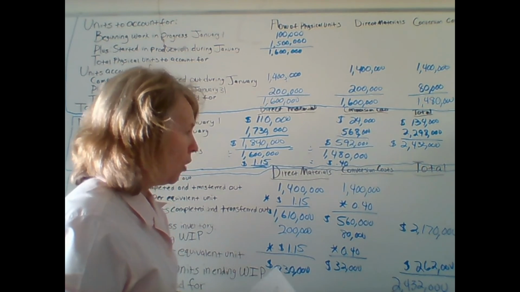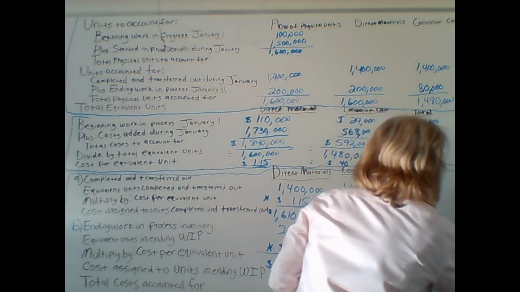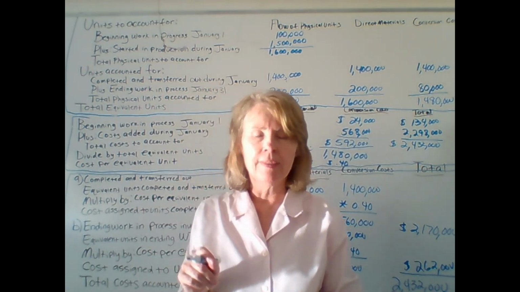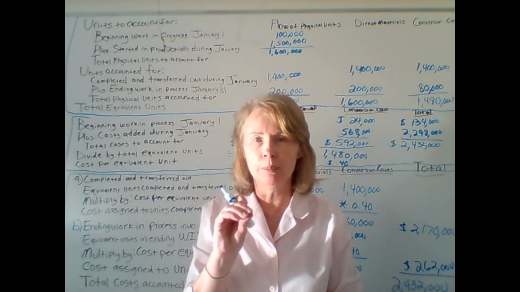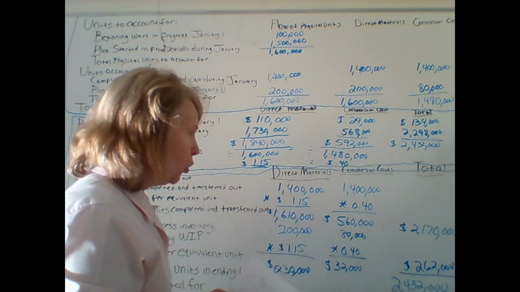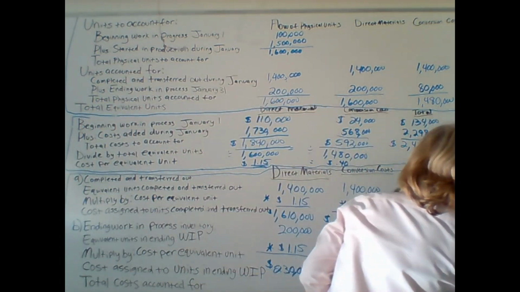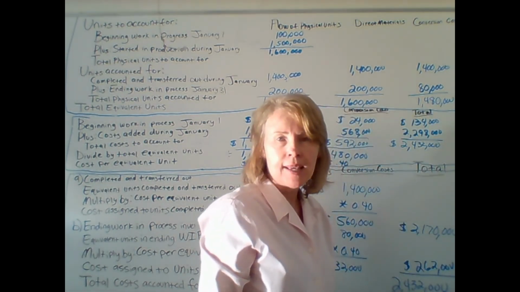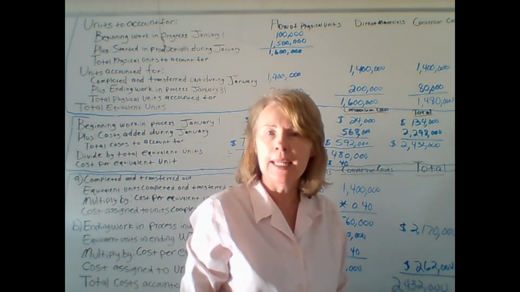Okay, so 3, they're looking for, this is why this is different. They're asking for the partially completed. All right? Partially completed. All right, so you could take the direct materials, which they said is fully complete. They said they complete in the beginning.